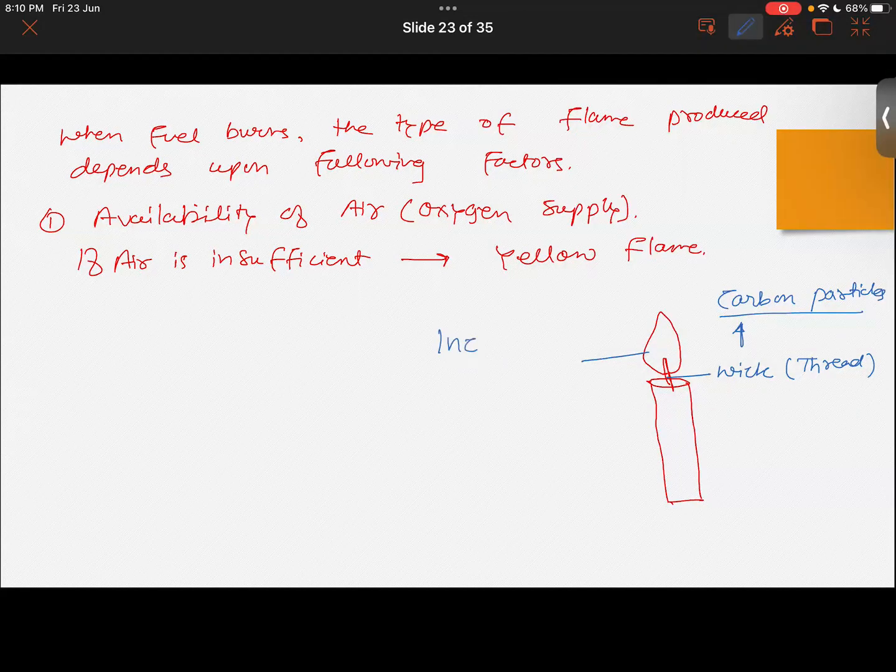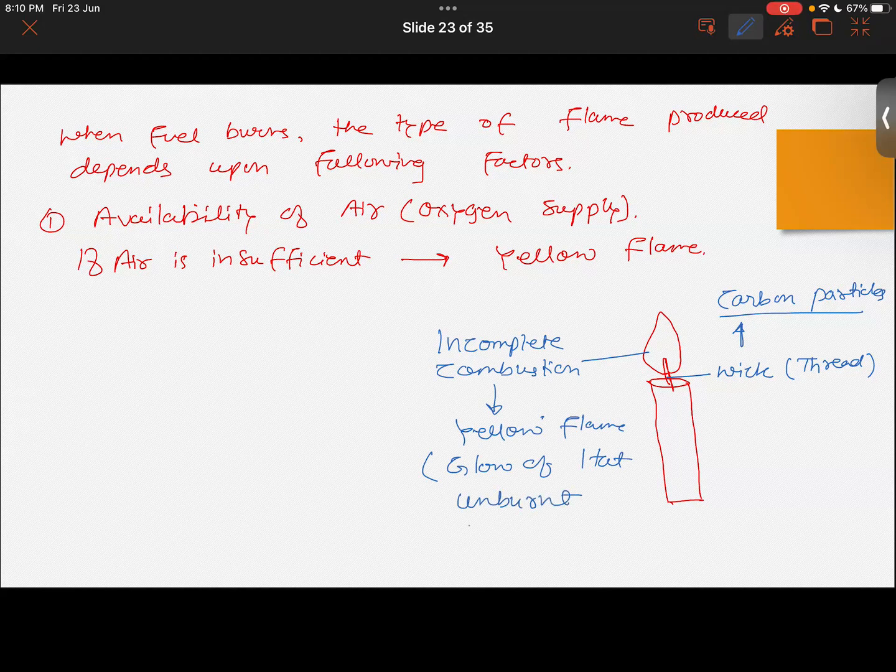If there is incomplete combustion, you will get a yellow flame. It is the glow of hot unburnt carbon particles. Did you get this one?